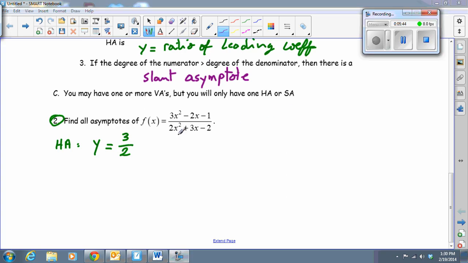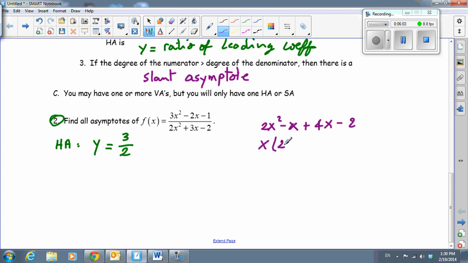To factor the bottom, I'll be looking for two numbers whose product will give me -4 and whose sum will give me +3. I would have 2x squared minus x plus 4x minus 2, or x times 2x minus 1 plus 2 times 2x minus 1.